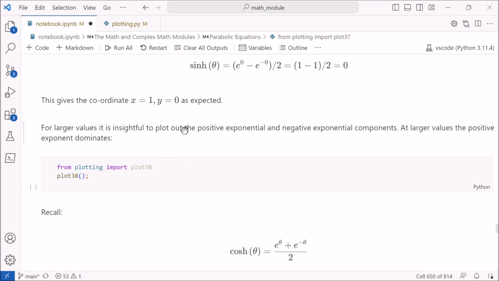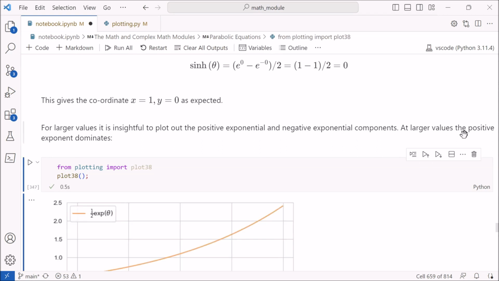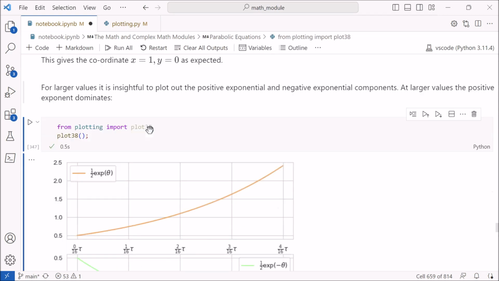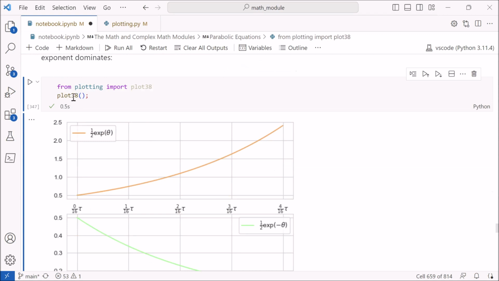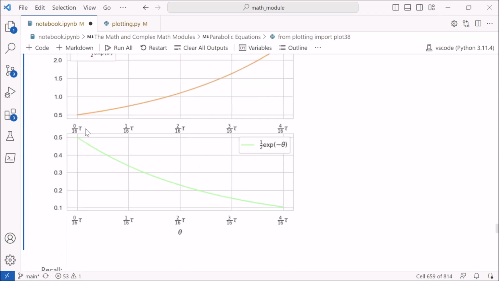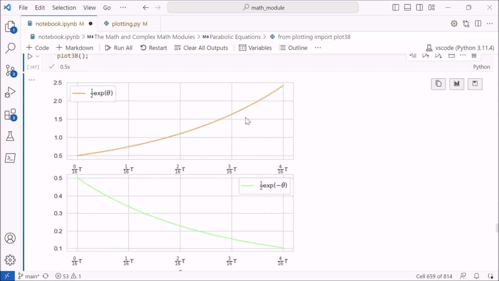And for large values, it's insightful to plot out the positive exponential and negative exponential components. So at larger values, the positive exponent dominates because it goes exponentially higher, and the negative exponent goes exponentially lower. Okay, so we've got the sandy, brown, and pale green curves.